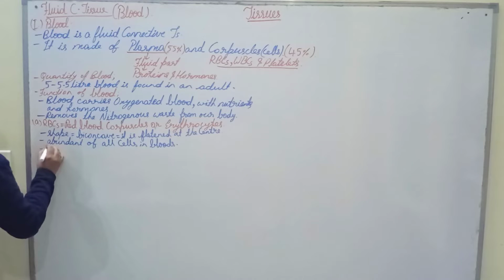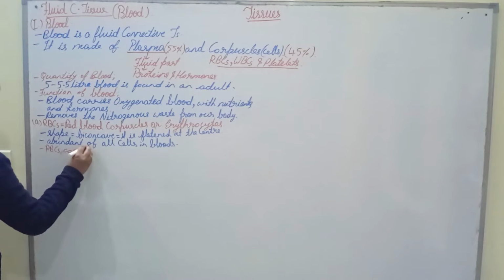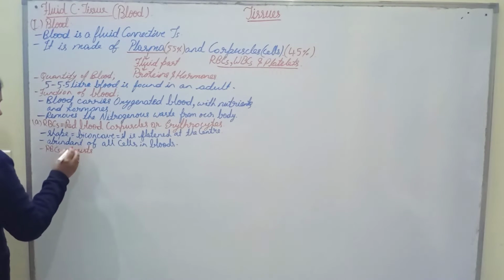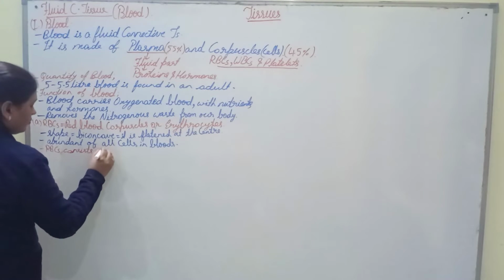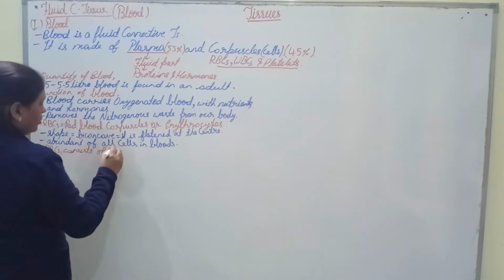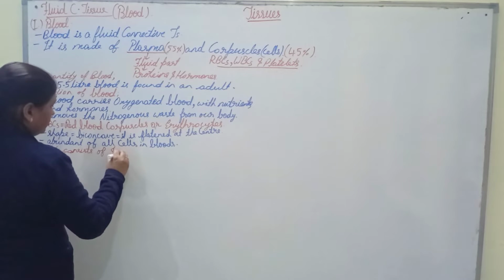Now this RBC consists of an iron pigment.